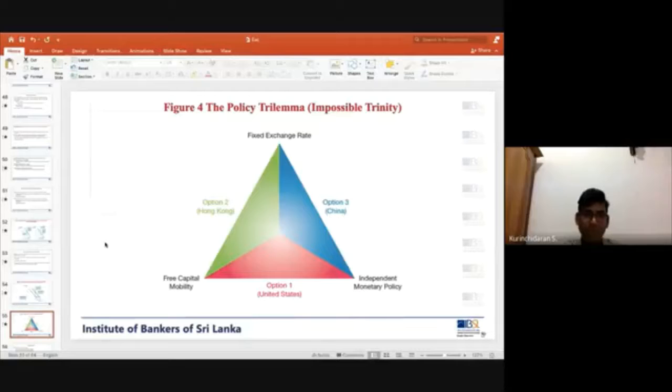Now you will be short of foreign assets, because that will be moving from the local country to foreign countries. So you will be short of foreign currencies, and that will have an impact on the foreign exchange rate. So you cannot have a fixed exchange rate, because that's going to be volatile.